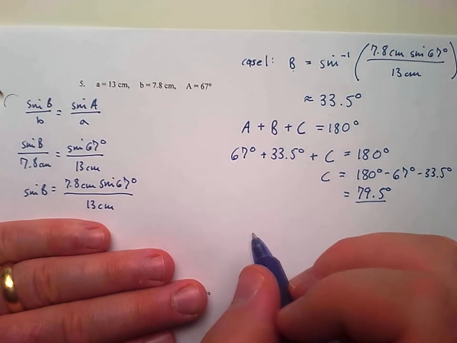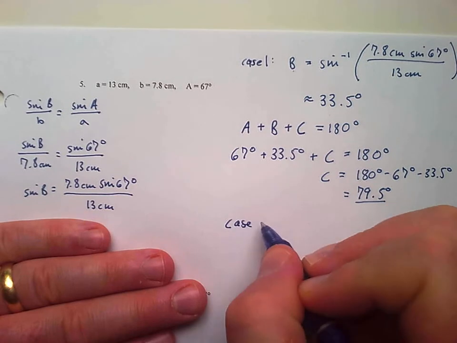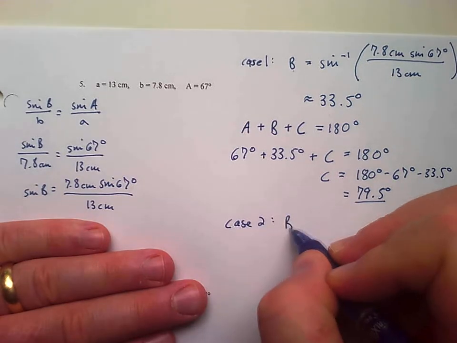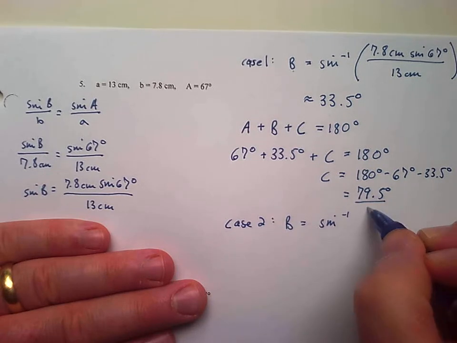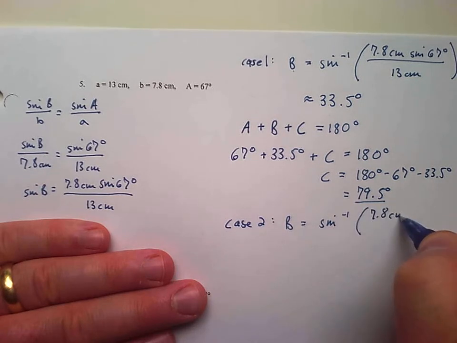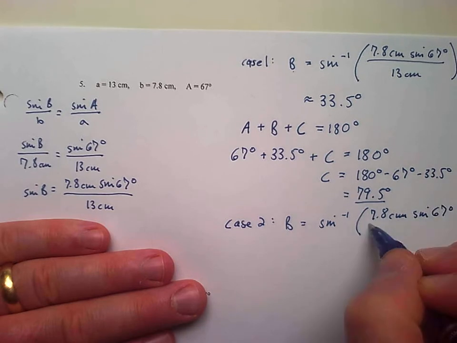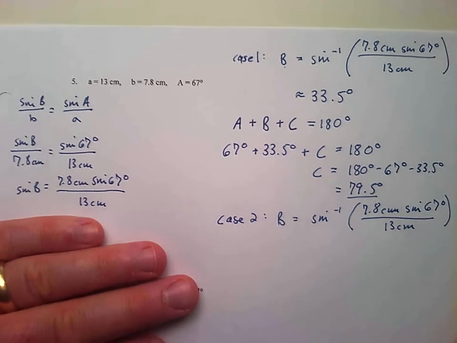Now, if we're dealing with case 2, then we can say that B is again equal to the inverse sine of 7.8 centimeters times the sine of 67 degrees divided by 13 centimeters.